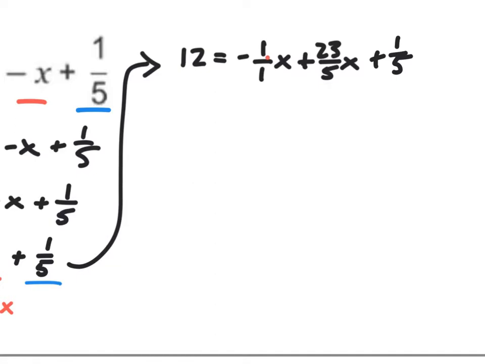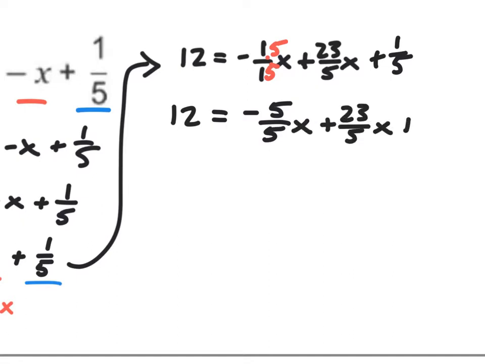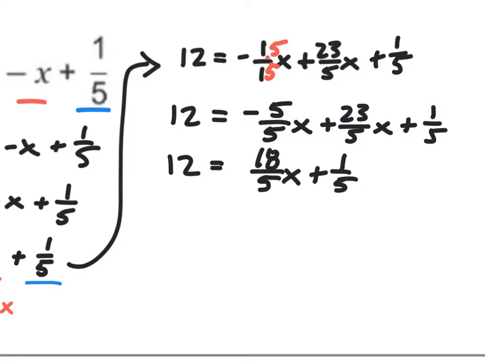I'm going to multiply this by 5 and 5, and then we're going to get that 12 is equal to negative 5/5 x plus 23/5 x plus 1/5. Okay, so if I have negative 5 plus 23, that's going to give me positive 18, so we get 12 is equal to 18/5 x plus 1/5, okay?